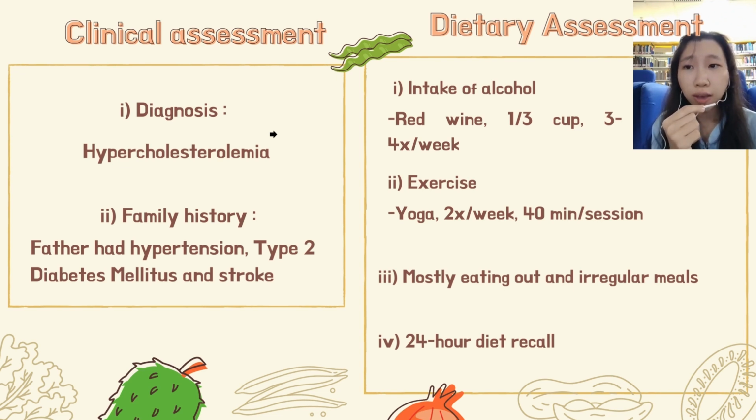She also exercises, doing yoga twice a week, and one session is about 40 minutes. Next, she mostly eats out and eats irregular meals, and she will also do a 24-hour diet record.